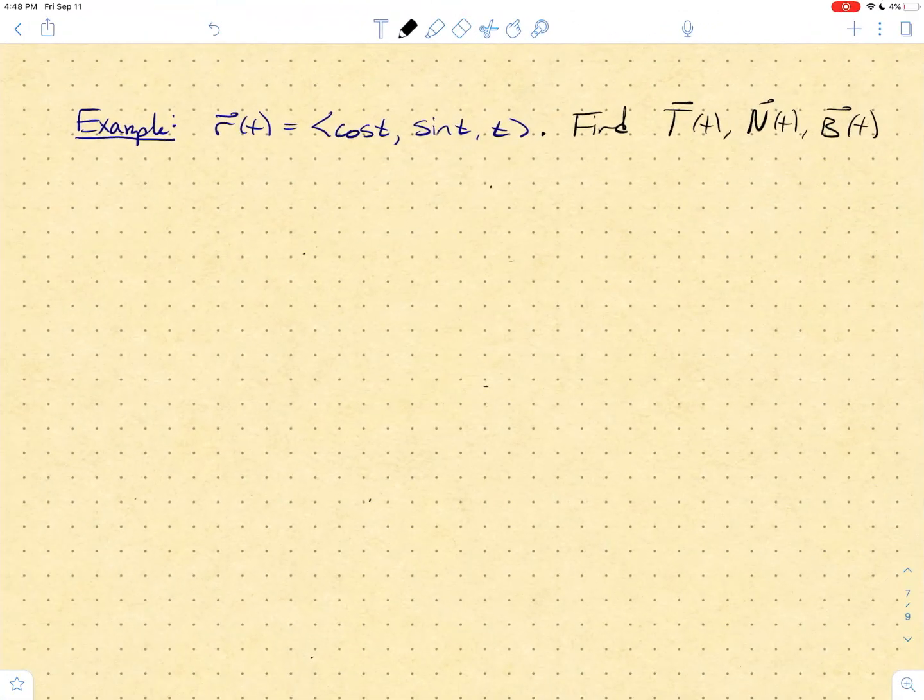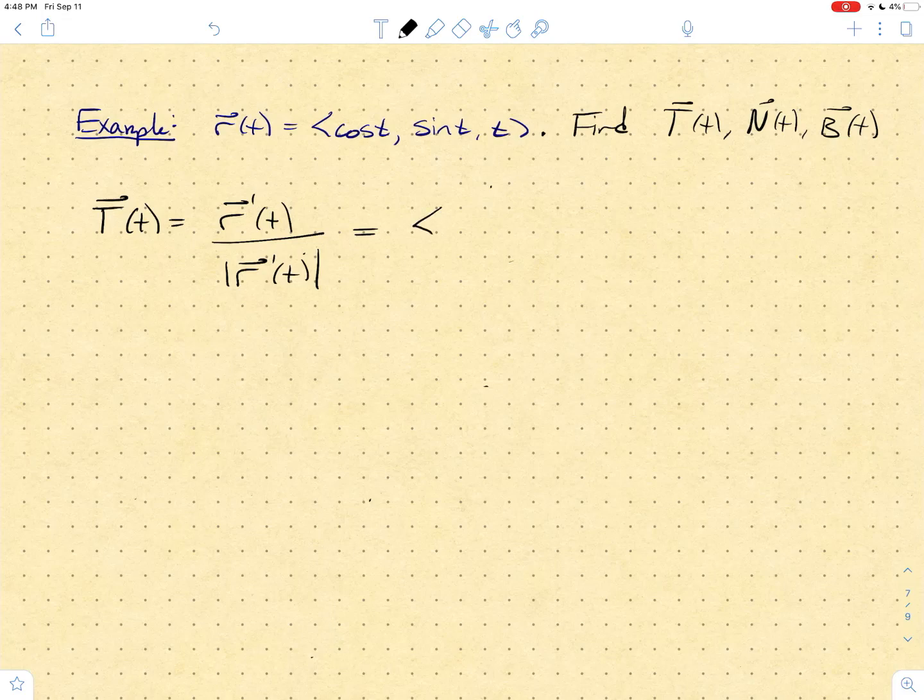All right, so I want to begin by finding the unit tangent vector. So this is r prime of t over the length of r prime of t. Let's work it out together. So r prime, we can see, is minus sine of t, cosine of t, and 1.